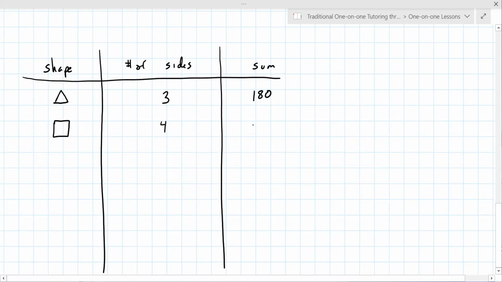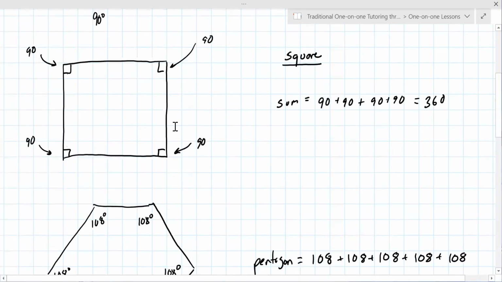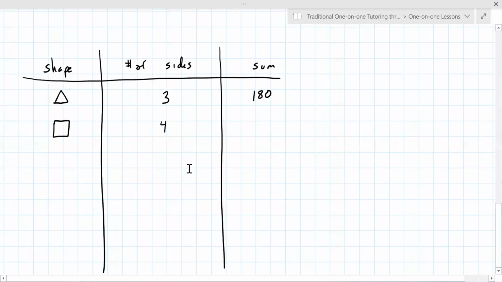And what was the sum of the angles? Let's go back and look. This is a square. There's 4 90-degree angles, which means it adds up to 360.